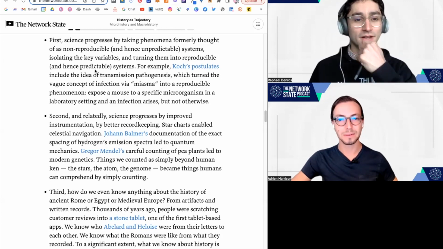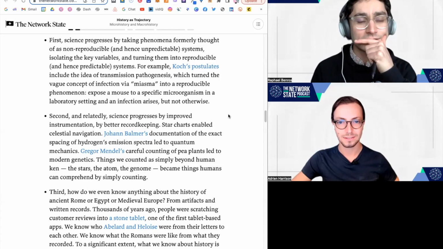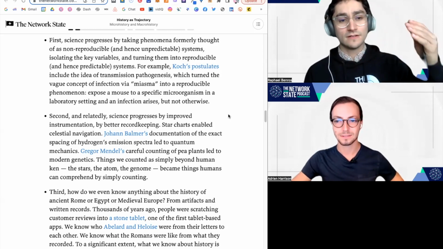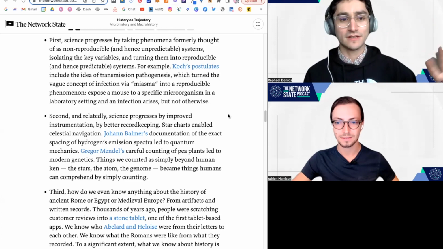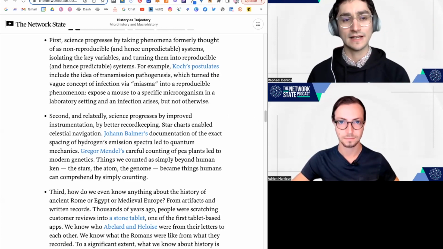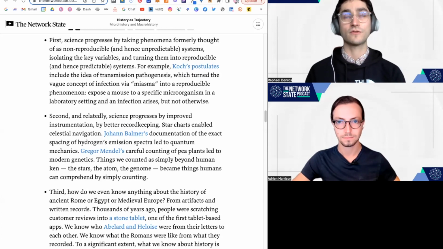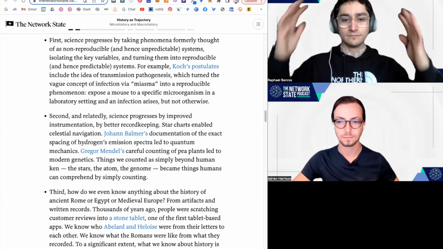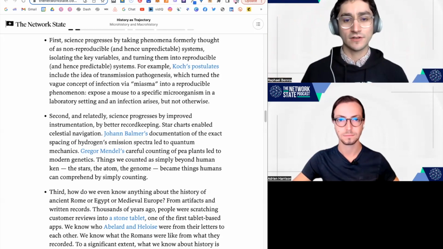But let's hit it, because step one, okay, fine: non-reproducible to reproducible, we're figuring it out, and there are frameworks or guideposts that we can put in which allow us to say, okay, this is the space we're looking at, and this allows us to focus in a bit better.